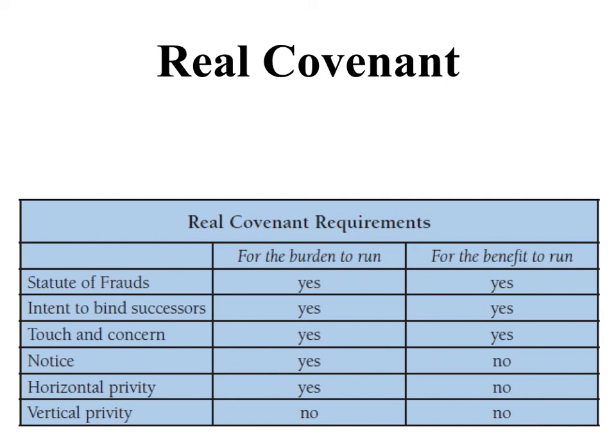But for them to be benefited, we're not as concerned with whether or not they're on notice, right? If we go to buy a property, you want to know if the land is burdened with a covenant. If it ends up having a benefit that you didn't know about, then you'd be fine with that, right? Even if you didn't have notice. So that's how you can remember the difference there.